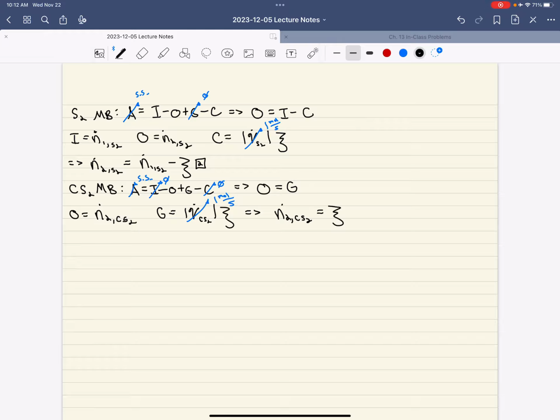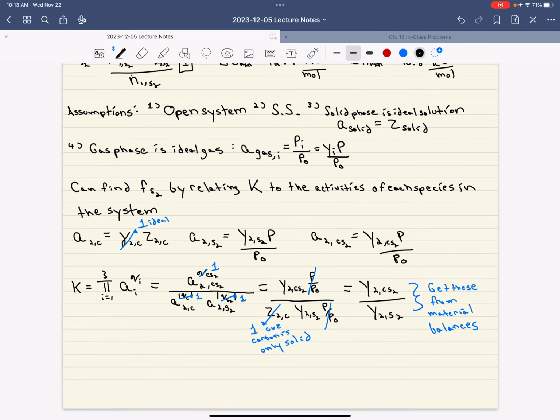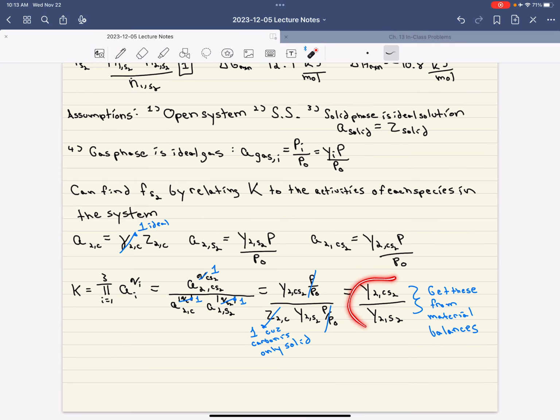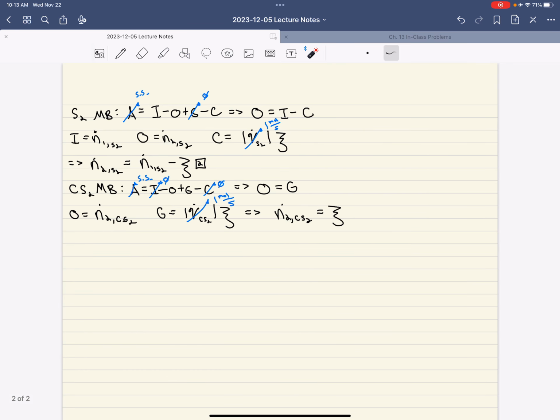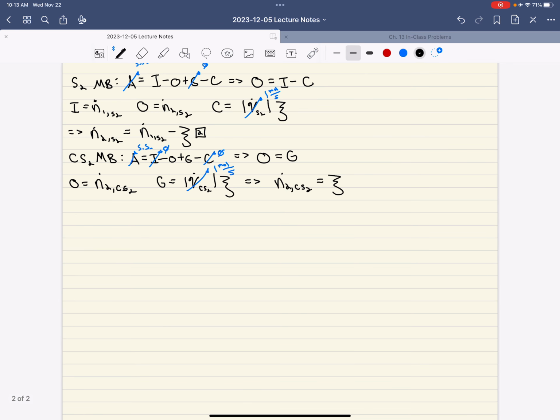All right, so we found ways to describe the molar amounts of sulfur and CS2 as a function of the extent of reaction. But for the equilibrium constant, what we need are the mole fractions, the vapor phase mole fractions, okay? Or gas phase mole fractions. So if we need gas phase mole fractions, we need to figure out the total amount of moles just in that gas phase. So N2 gas, so only the gas, right?